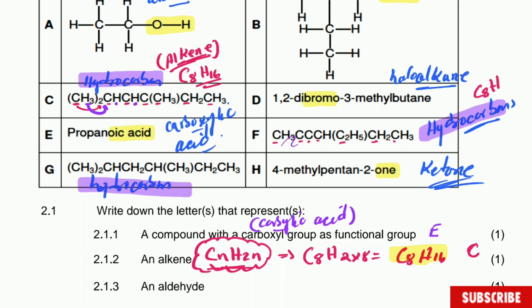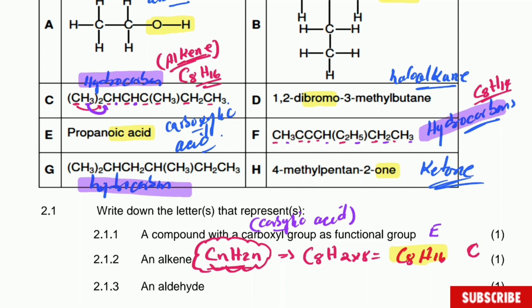Let's count real fast. We have 3 hydrogens, 4 plus 5 is 9 here, 9, 10 and 11, 12, 13 and 14. So we have 14 hydrogens, and you can see it doesn't follow that general formula. So it is not an alkene.